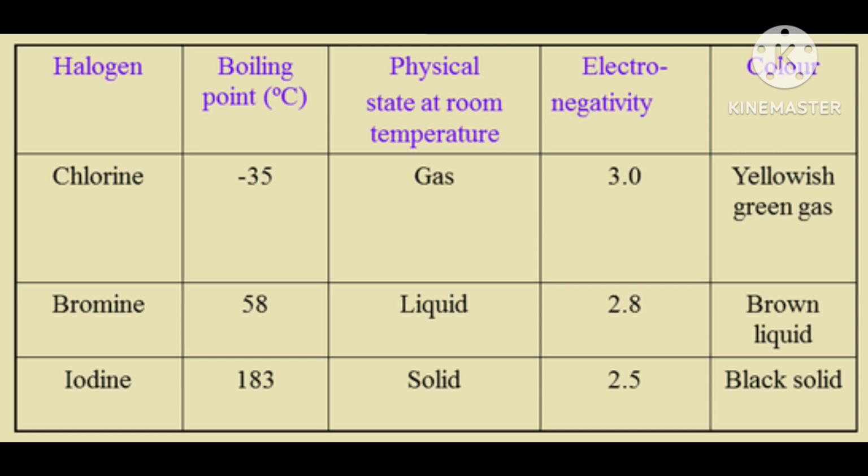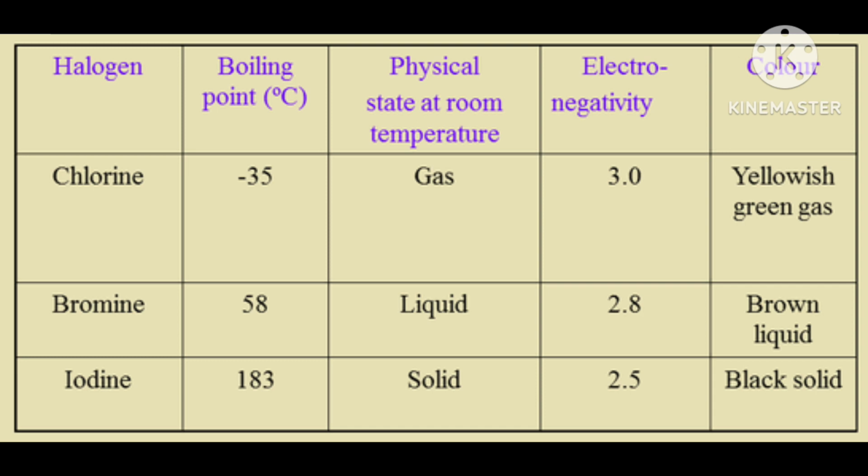Except fluorine, which shows only -1. All halogens exhibit -1, but chlorine, bromine and iodine, these three, exhibit both -1 and +1, +3, +5, +7.